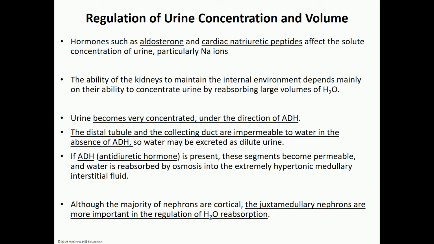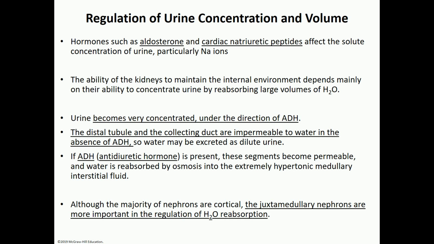Under normal circumstances, when there is no ADH, the distal tubules and collecting ducts are not permeable to water. So any urine that is going to be made will be pretty much diluted urine. But in the presence of ADH, the distal tubule and collecting segments are now going to be permeable to water. So water would be reabsorbed by osmosis, will keep the water in the body, and that way we are going to be concentrating the urine.